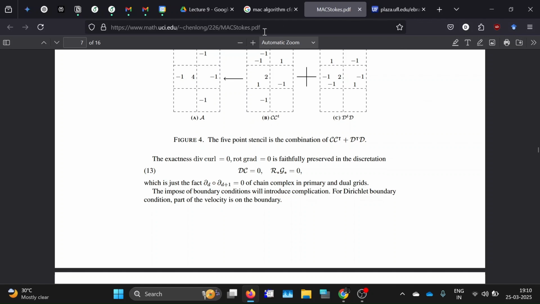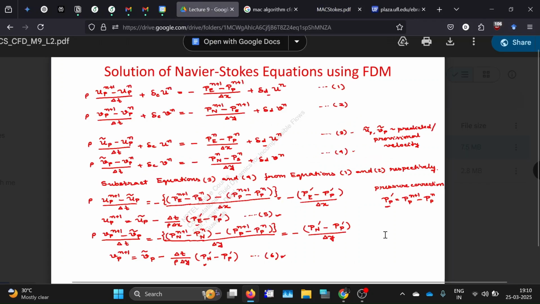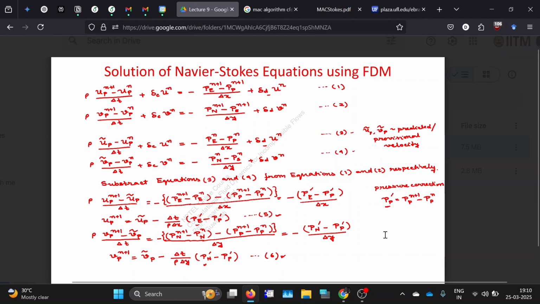Anyway, are there any other methods also, like the MAC algorithm? Yeah, there should be. I can't remember any now, but first of all, the finite difference method is rarely used for solving Navier-Stokes.